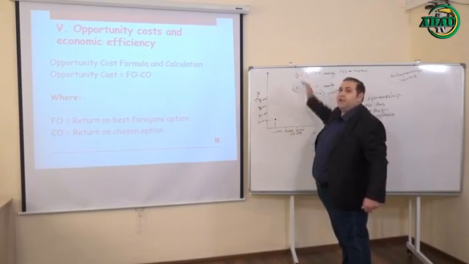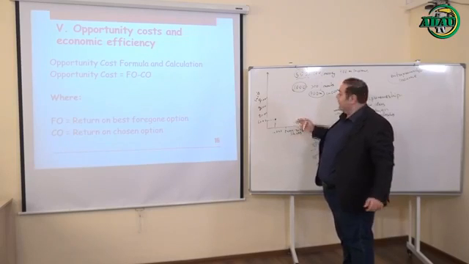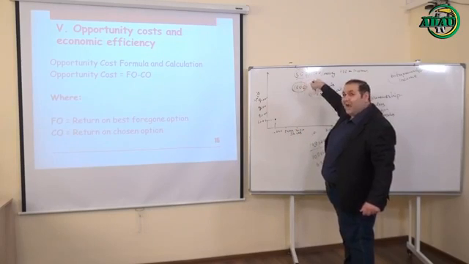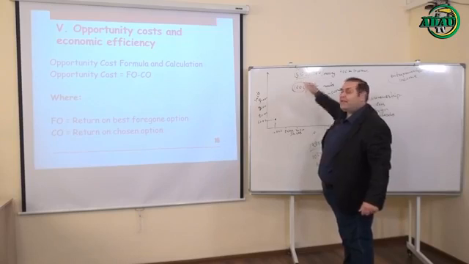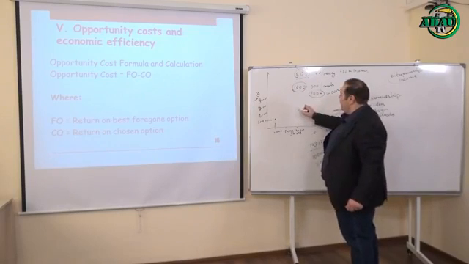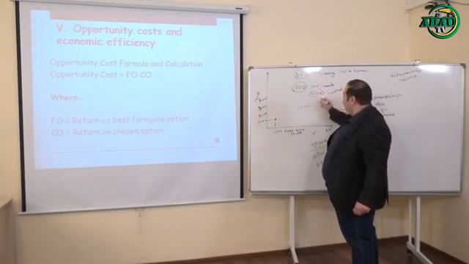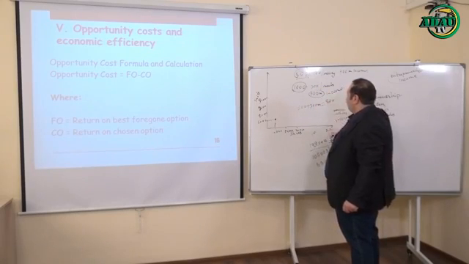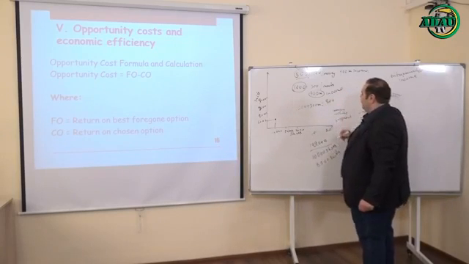If you stayed here, you would get 500 manat income. That was your income. Now you are calculating this income as a cost. So you have the 500 manat cost plus 300 manat cost.